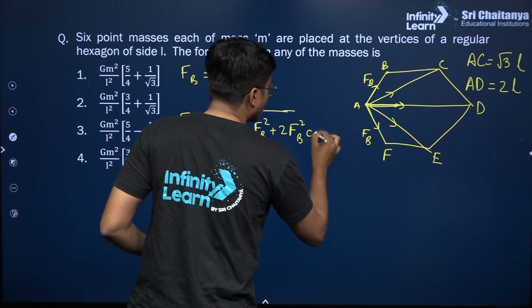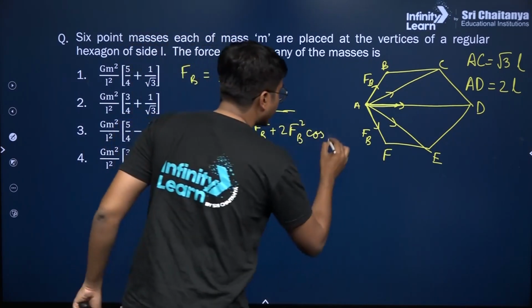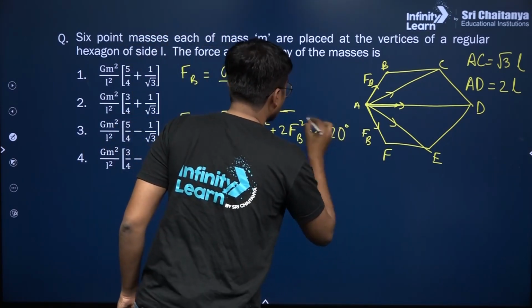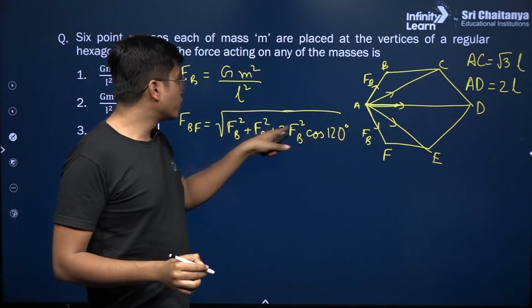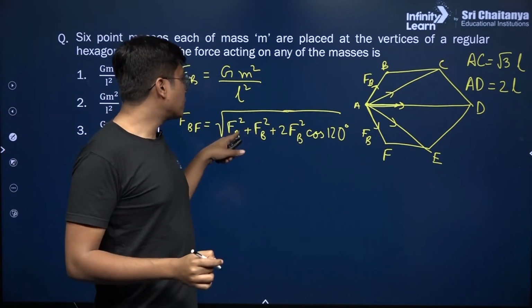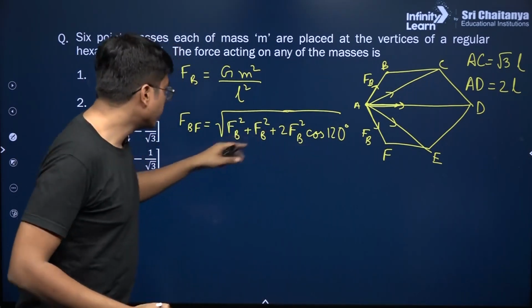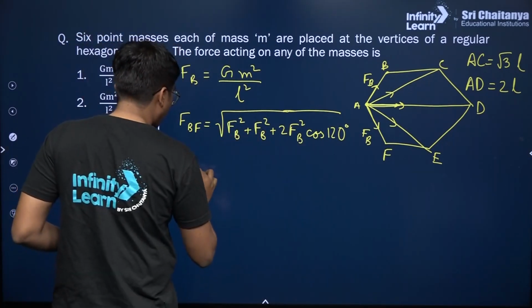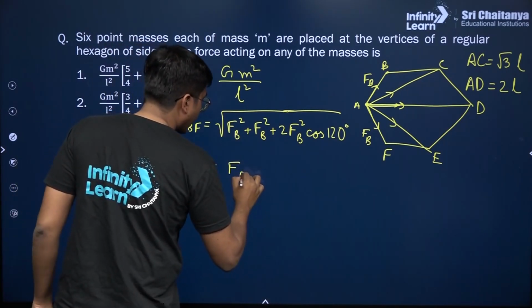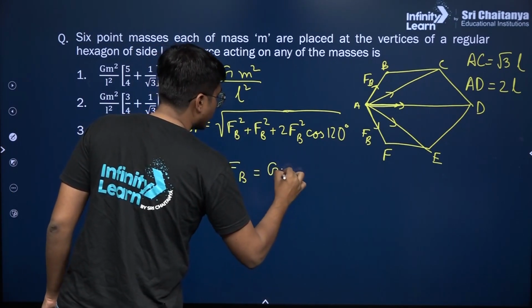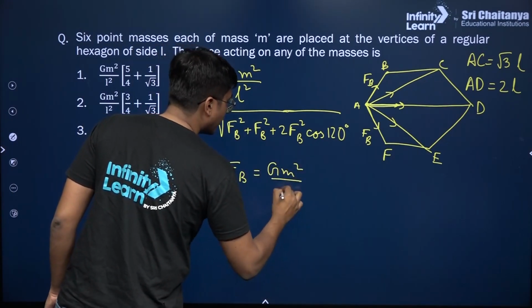And you have cos of, this is 120 degrees over here. Cos 120 is just minus half. So minus half, if we put here, 2 and 2 cancel, you get FB square plus FB square minus FB square. So that FBF is just going to be equal to FB, which is GM square divided by L square.